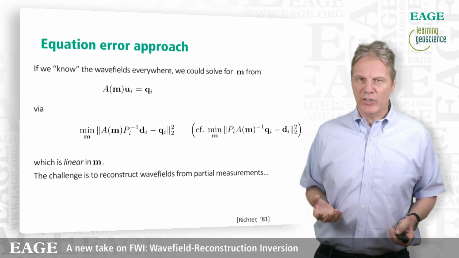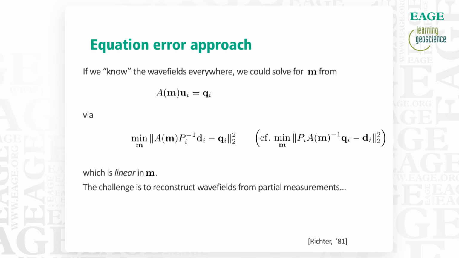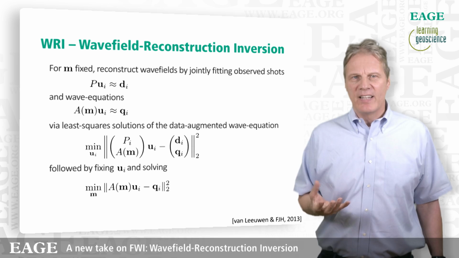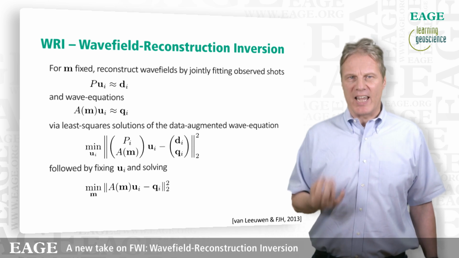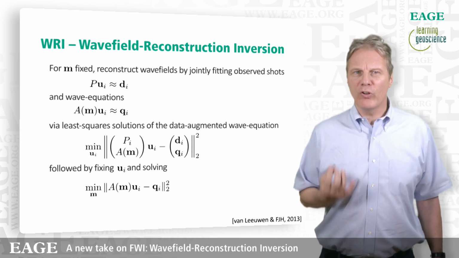Now the challenge then, of course, is how can we reconstruct these wavefields from these partial measurements. Okay, and that's the essential idea of Wavefield Reconstruction Inversion. So suppose that we have some Earth model m and we fix it, then we reconstruct the wavefields by jointly fitting the observed data, the shot records, through the first equation and also the wave equation.